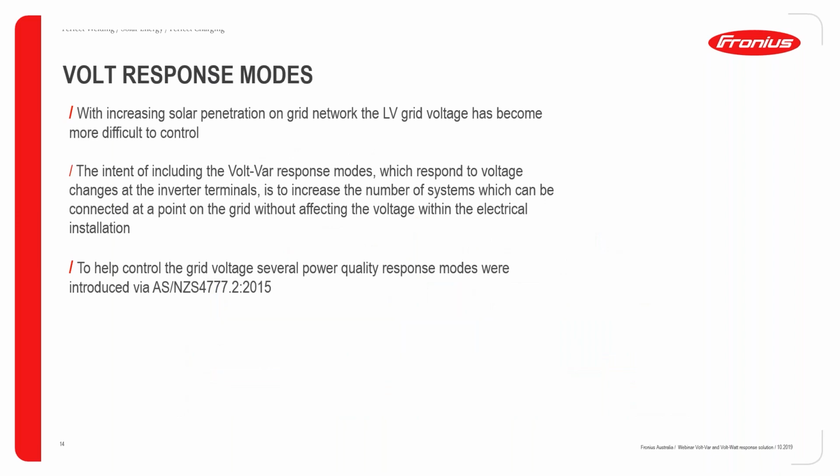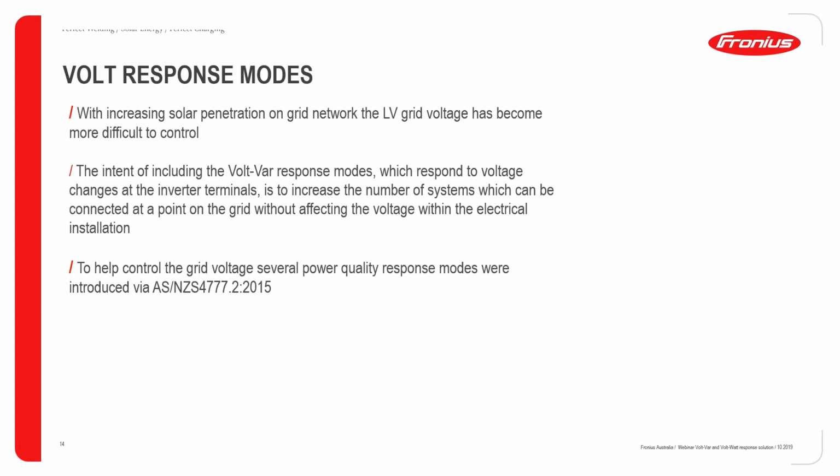The main objective of having the voltage response mode on Fronius inverters is to increase the number of systems which can be connected at a point to the grid without affecting the voltage within the electrical installations. With increasing solar penetration, we have experienced voltage rise issues, but this response mode helps us to reduce the effect of the voltage rise.